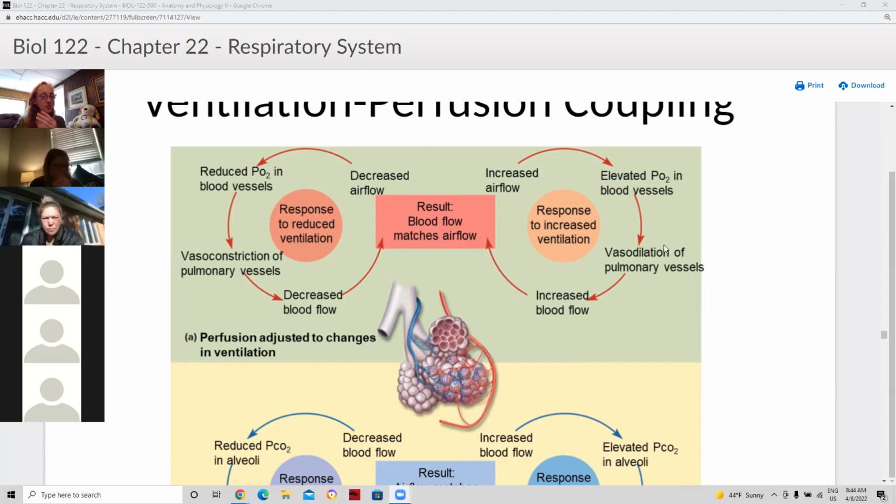And so to match them again, remember ventilation needs to equal perfusion. Ventilation is airflow, perfusion is blood flow. To match them again, the pulmonary vessels are going to dilate to increase the blood flow, so the blood flow equals the airflow.